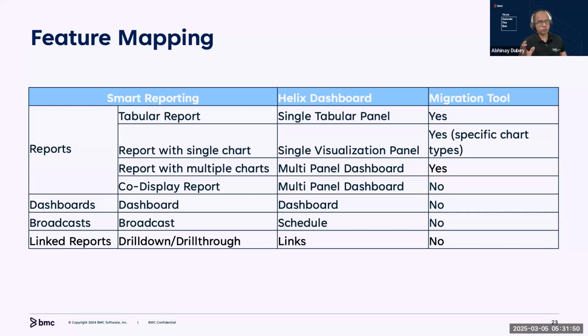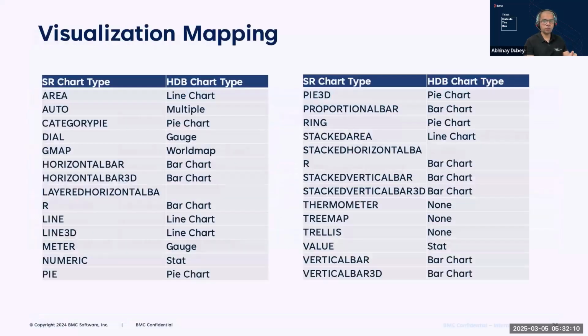In the rightmost column, you would notice some of these features and object types are supported by the migration utility and some of the others are not. And that's why it's important when we do an assessment that we get these numbers right. That will help us in understanding what can be automated and what has to be done manually.